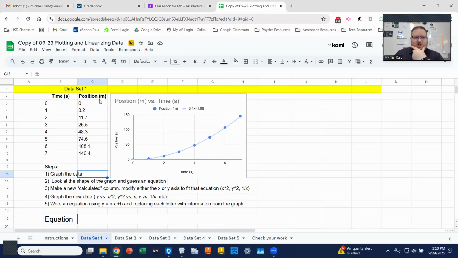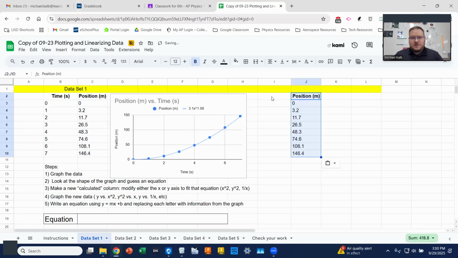So our position's not changing. I can just copy this over with Control C, Control V. And for the time, I want time to the second power. I also have to make sure I update my units, so parentheses s squared.